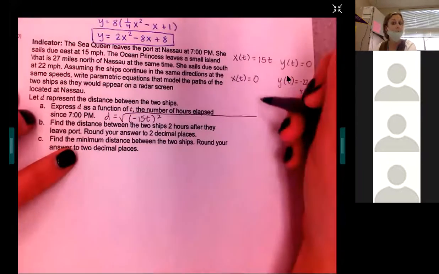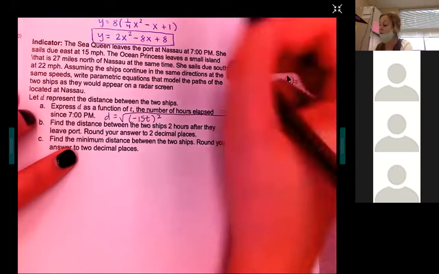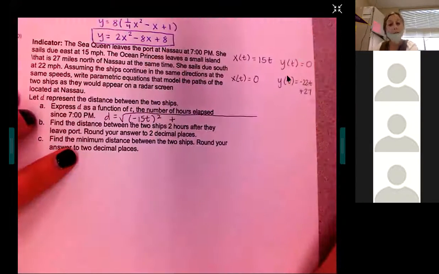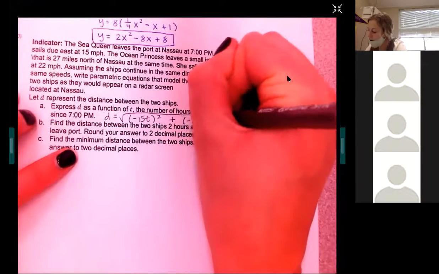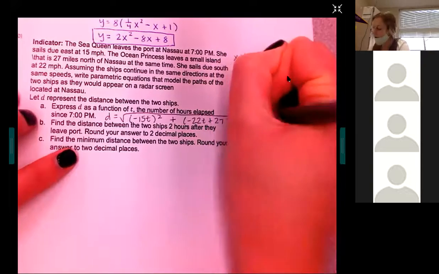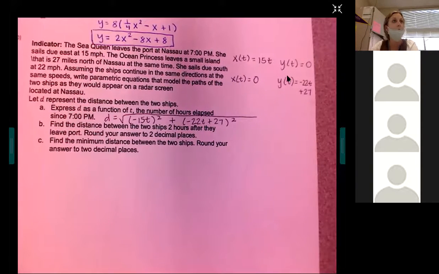If you do 0 minus this one, I'm not spending a lot of time, we did this yesterday, plus y2 minus y1. What happens when I minus 0? Nothing. So we're going to have negative 22t plus 27 squared.